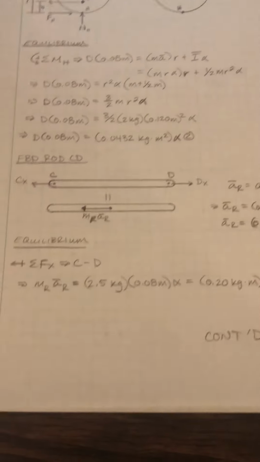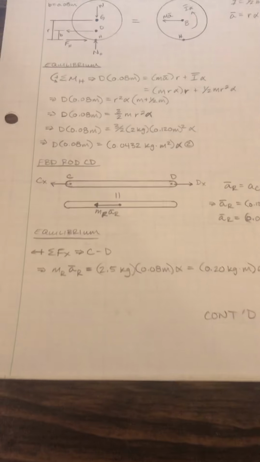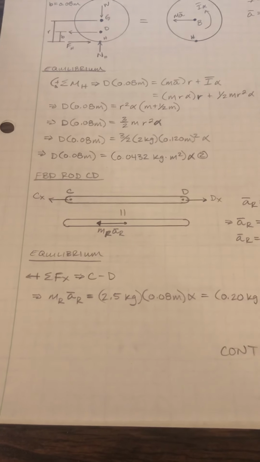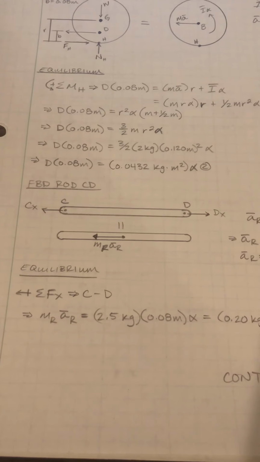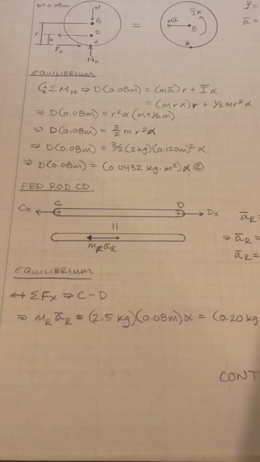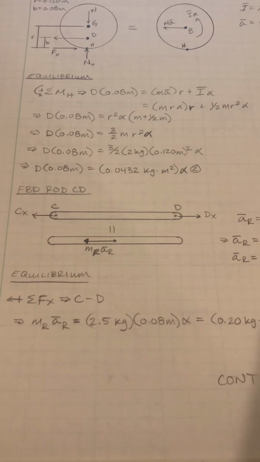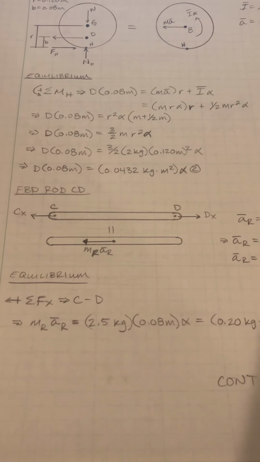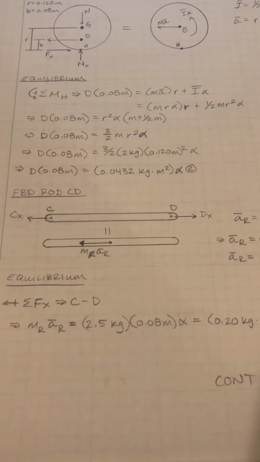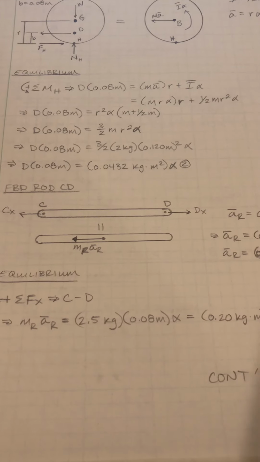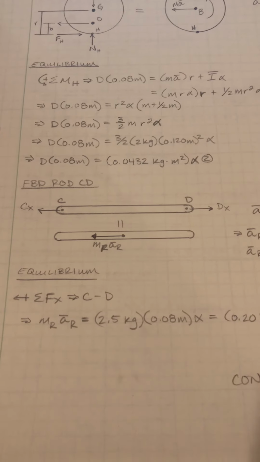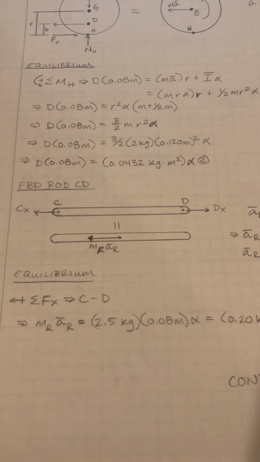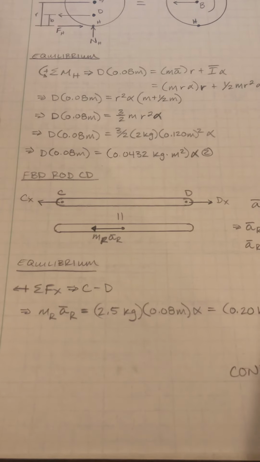A third free body diagram is that of the rod. We know that both of the horizontal components at the pins will equal each other, but also, with the moment moving counterclockwise on disc A, we know that the mass times acceleration of the rod will be moving to the left.